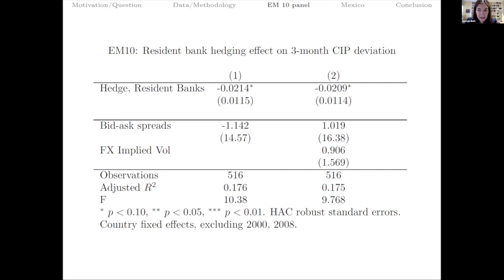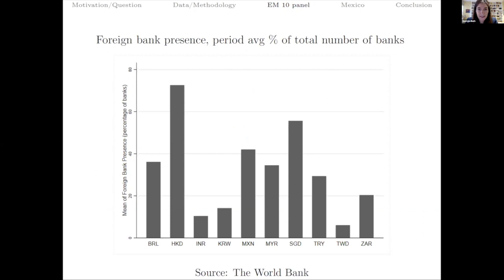For digging a little deeper, I try and assess whether foreign banks or the presence of global banks has an effect on this dynamic. There is data from the World Bank that counts the number of foreign banks in the jurisdictions. So for the currency markets that I'm looking at, this gives you an overview for the sample period.